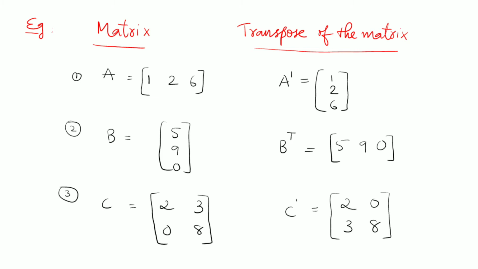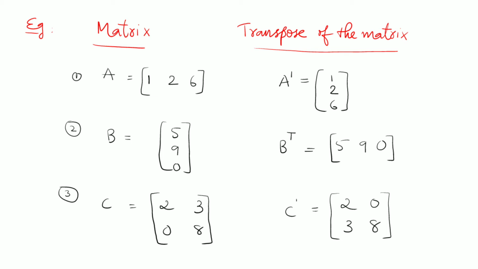I have given a few examples. It is a matrix and the transpose of the matrix. Here A is 1, 2, 3 and A dash. This one row, 1, 2, 3, 3 columns, is now interchanged. This row is interchanged to column, that is 1, 2, 3 is in a row, that is interchanged to one column.